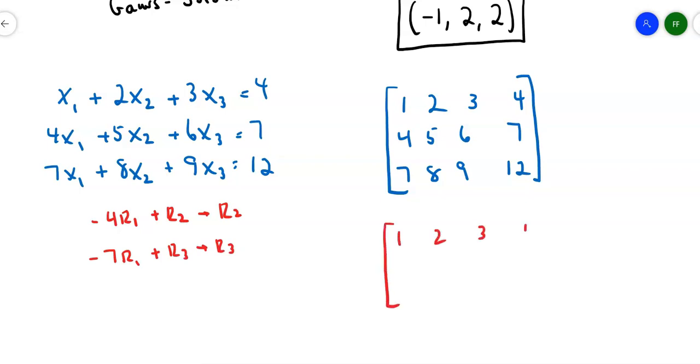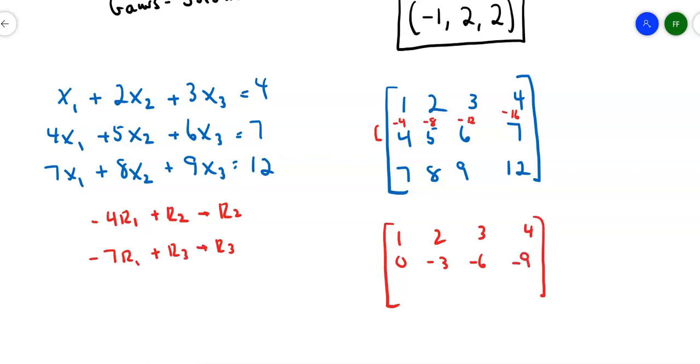1, 2, 3, 4. If I multiply the top row by negative 4, then that gives me negative 4, negative 8, negative 12, negative 16. So now add these two things together, and I get 0, negative 3, negative 6, negative 9.